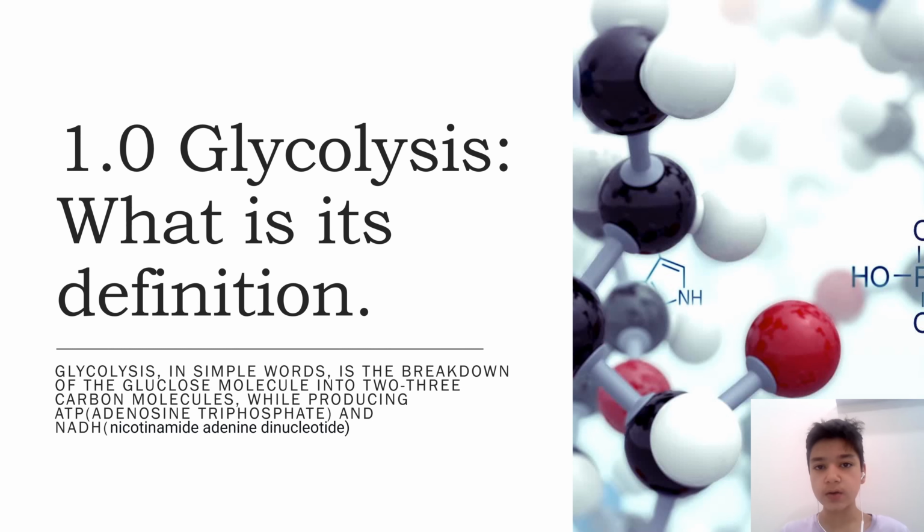If we break down glucose molecules, we can produce more ATP molecules that could be used in anaerobic respiration, which is a type of respiration used in conditions of no oxygen. So let's continue to the next slides, where we're going to discuss the first half and the second half of glycolysis.